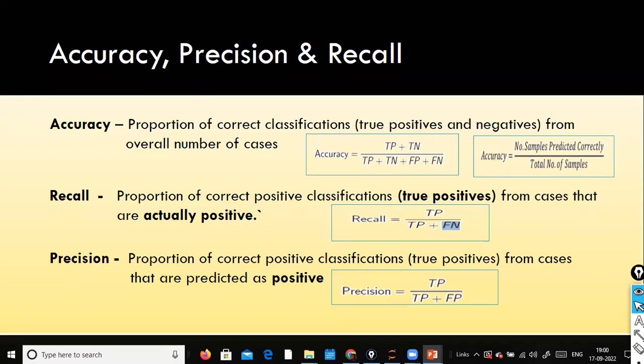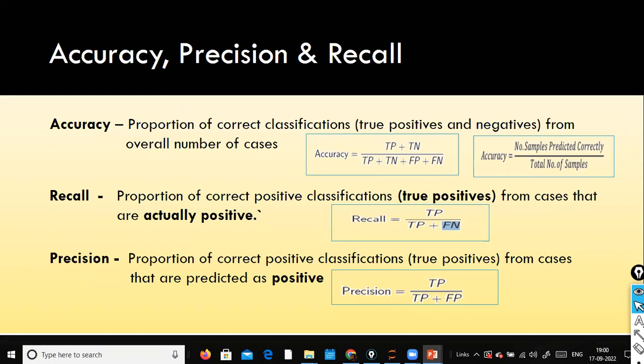There are times when the accuracy will be high, but if you look at the predicted positives, the model cannot detect even a single instance of true positive, and still the model accuracy can be high, 90% or 85%.